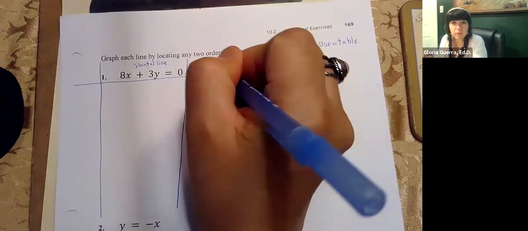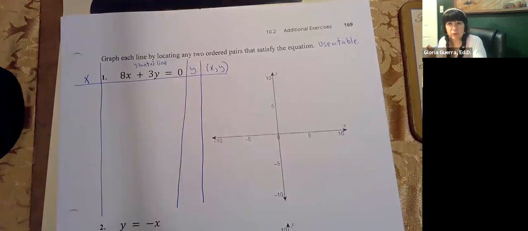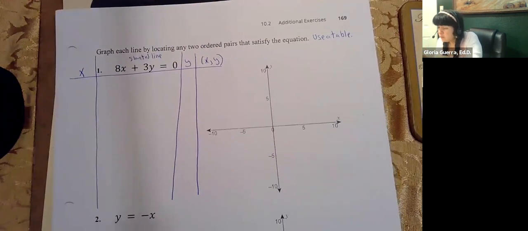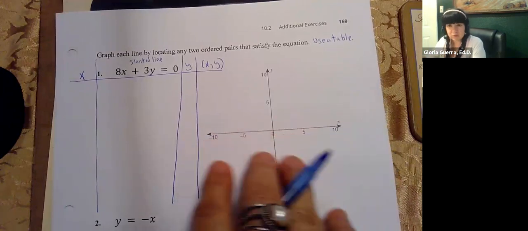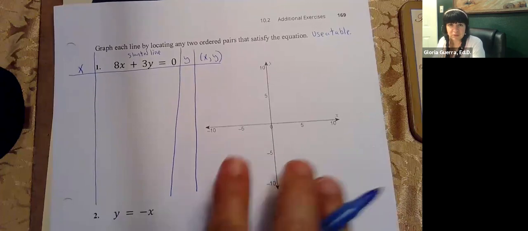So I got a table going here for my x's, and I'm just going to choose x variables. The book might have you choose x's and y's, and they might tell you make x this, make y that. I'm going to try to stay under 10 by -10 so it can stay within your grid, because your system is limited.